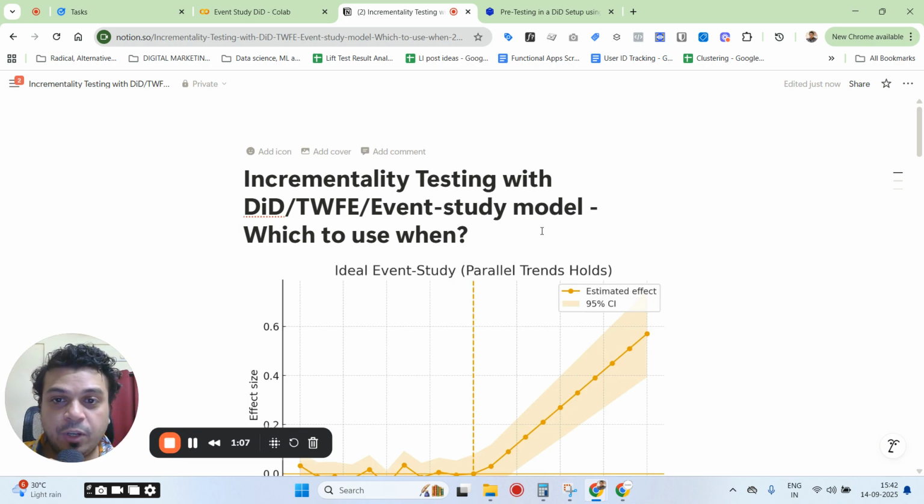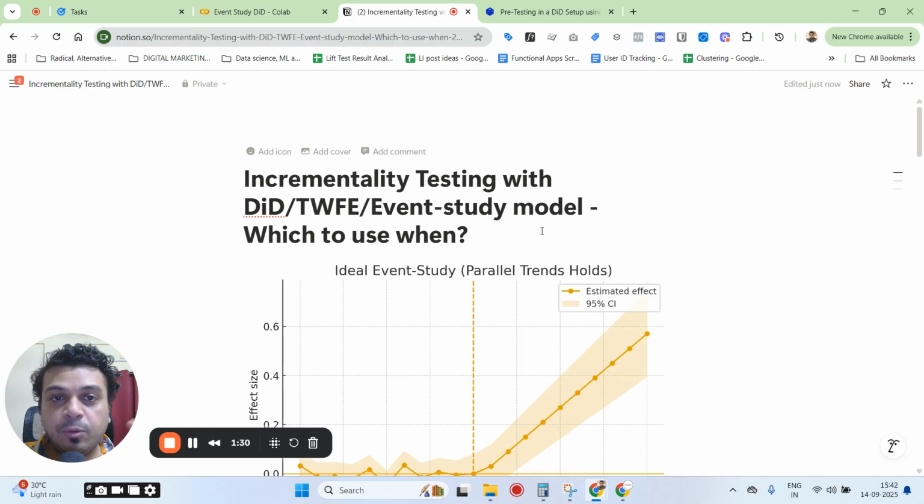So in this video, I'm going to talk about a specific kind of incrementality testing method, which is called difference in difference. And we're going to talk about two close variants or cousins of difference in difference, or DID as it's called in short, its acronym: the two-way fixed effects, or TWFE, or the event study model. So all these three are very closely related.